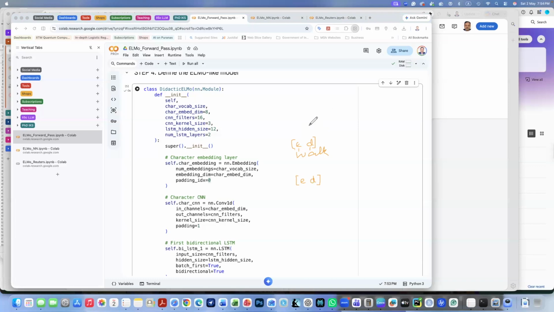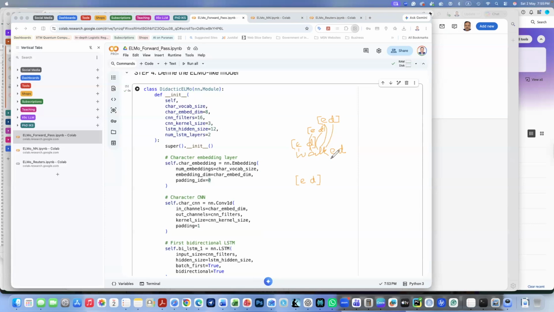Then I move the filter forward and do the convolution again. Again I find that ED is not this. Supposing the word is walk, I move the filter further forward and convolve with L and K. Again I find it is not there.